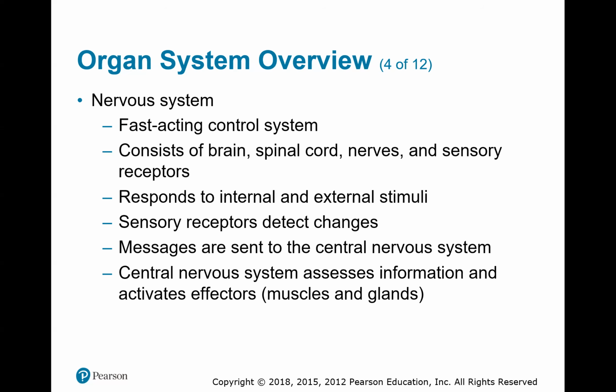The brain has to make that decision that, okay, this is a ball. It's coming at you fast. You have two options. You can duck or you can actually grab the ball. And then based upon that response, your muscles will either try to grab it or you're going to duck, depending on what's taking place. So we'll discuss this way more in detail in a couple of weeks, but this is the nervous system overall.